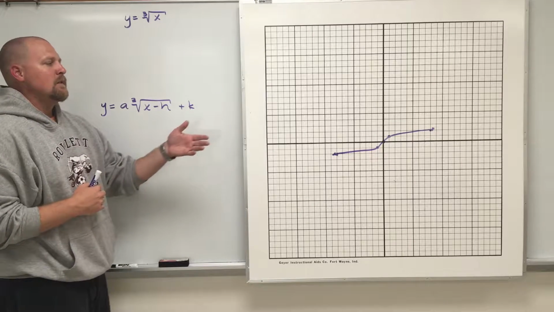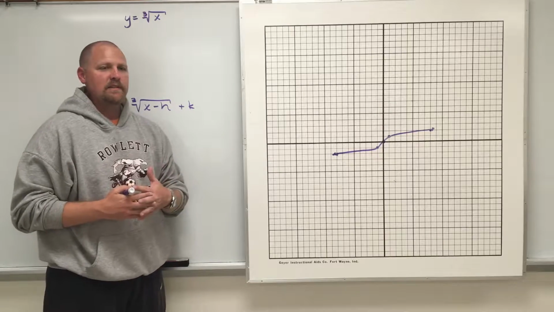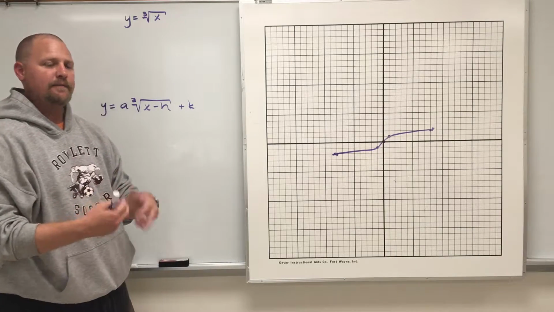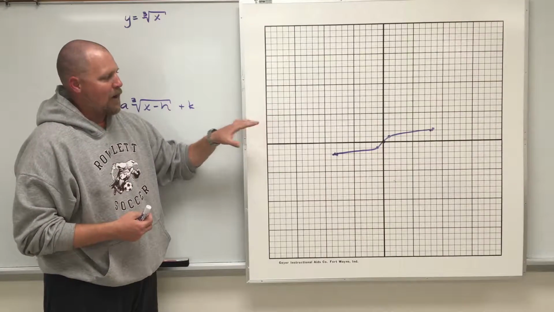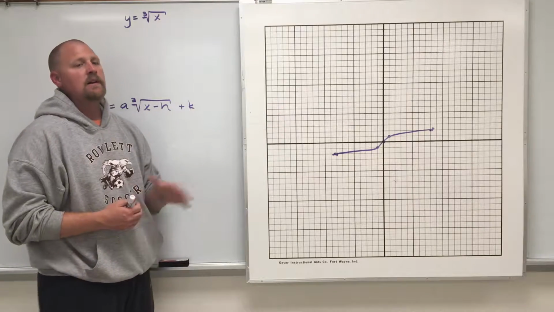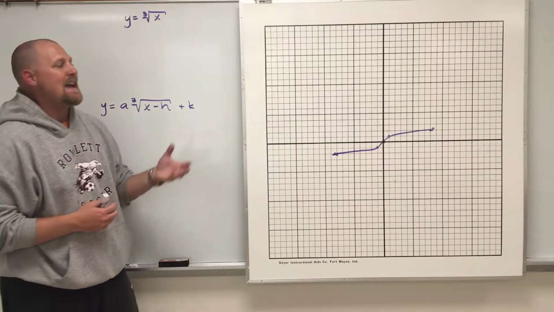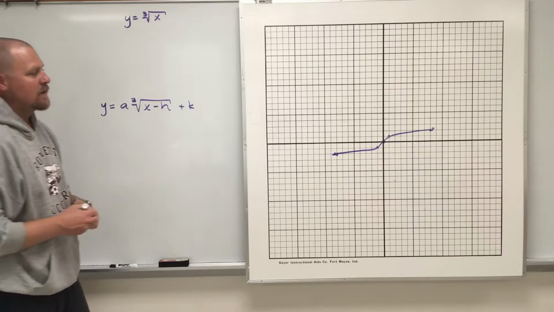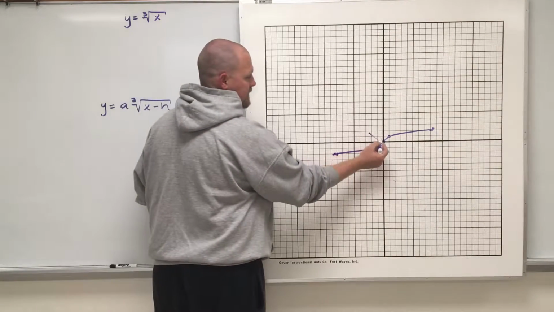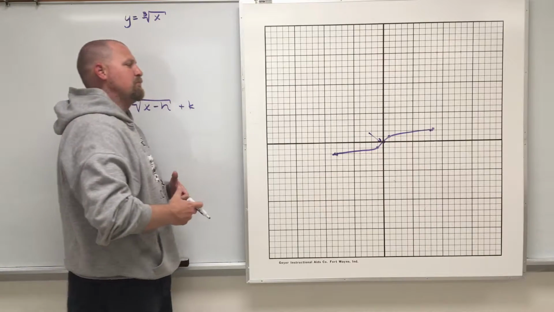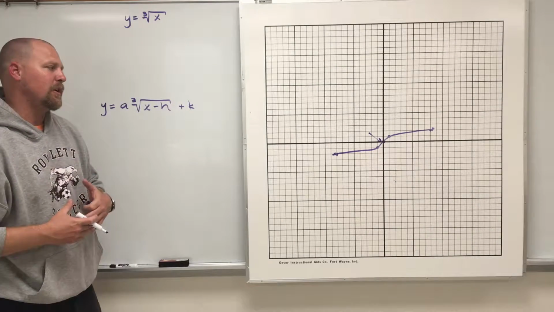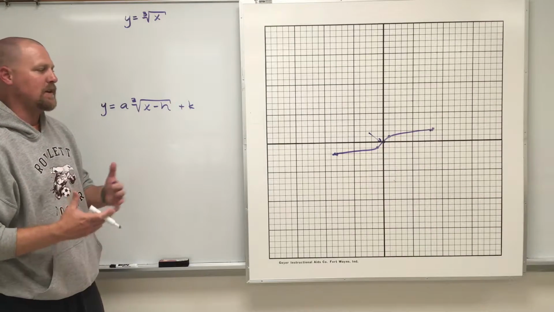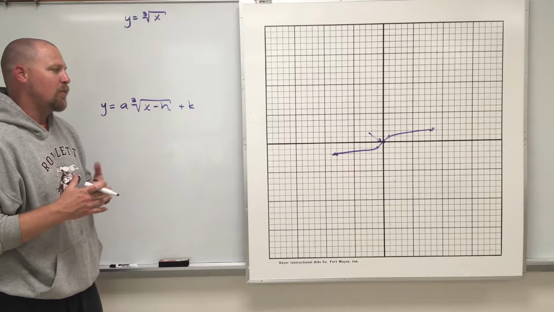However, for the cube root, I think it's best to try to use the pattern of how the points are manipulated on our graph and then apply our function to it. This point right here is the point in the center, the point where it turns.